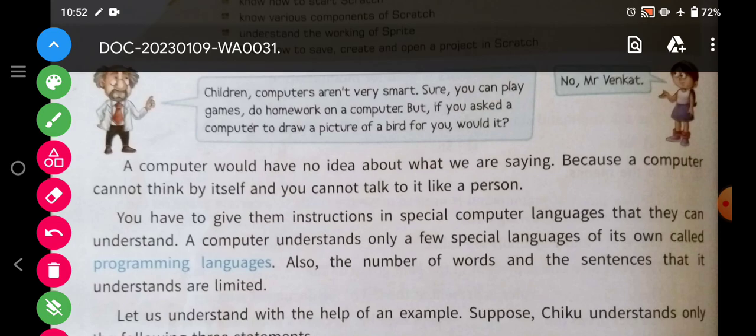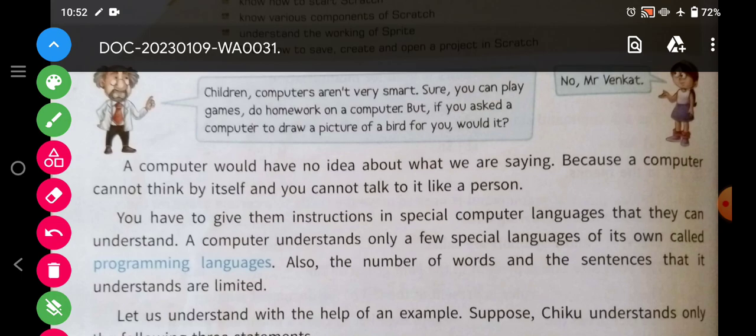Okay, as we know, computer is an electronic machine. It has no idea what we are saying. So computer has no idea, it is not human. Okay, it is a machine. Because computer cannot think by itself and you cannot talk to it like a person, because it is a machine, not a human.